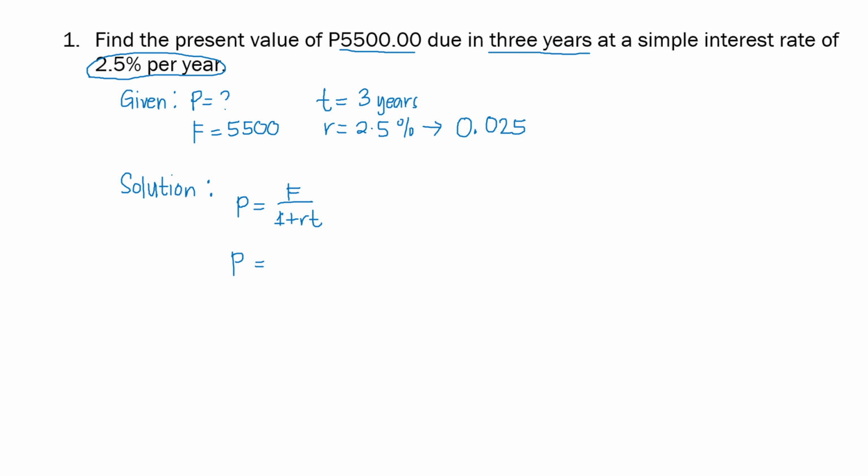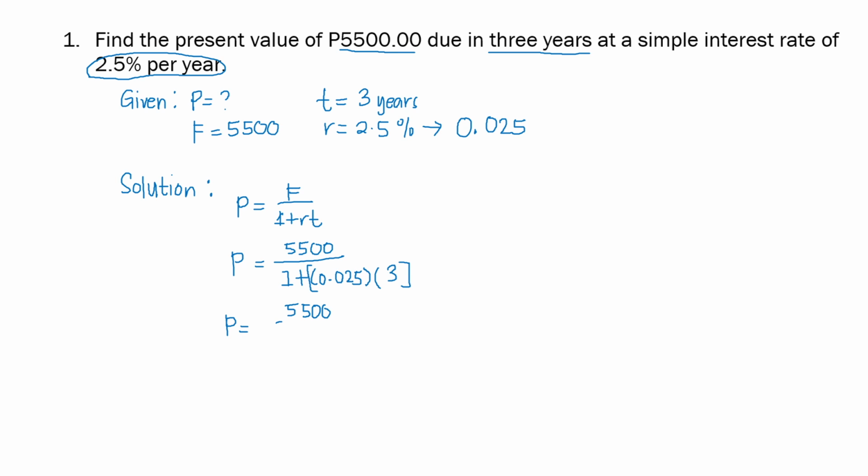So the value of F is 5,500 all over 1, copy 1 plus R. R is 0.025 times T. T is 3 years. So by PEMDAS, atong unahon si multiplication sa ubos, atong denominator.